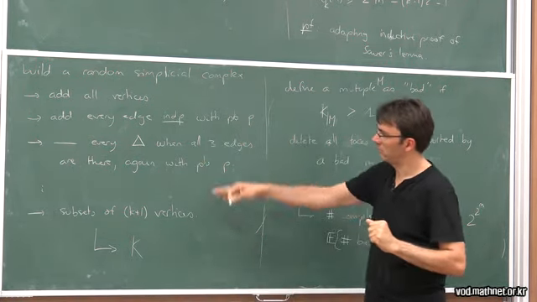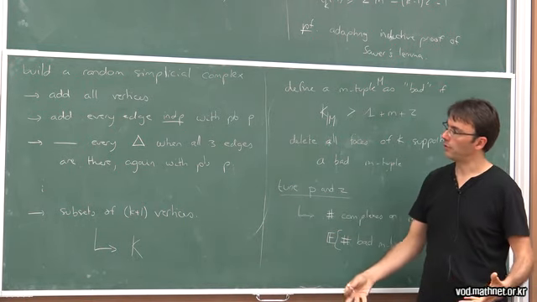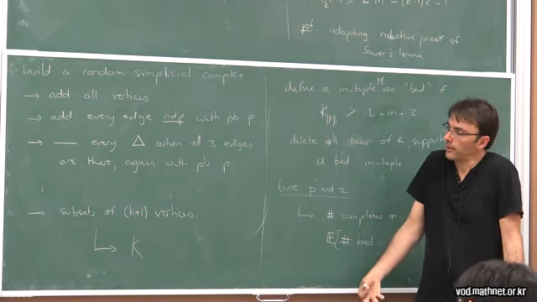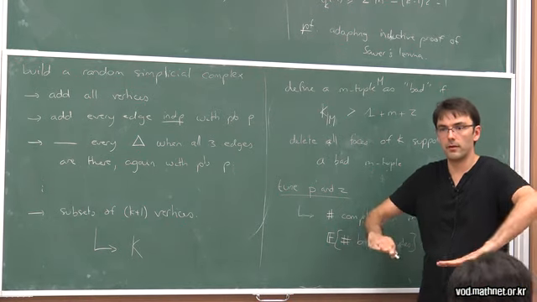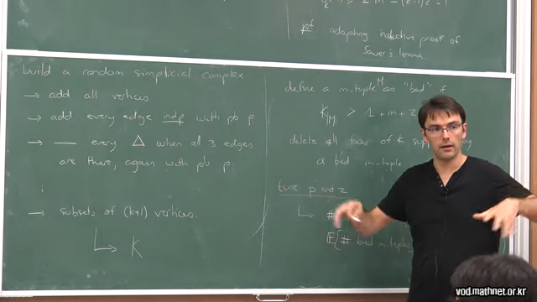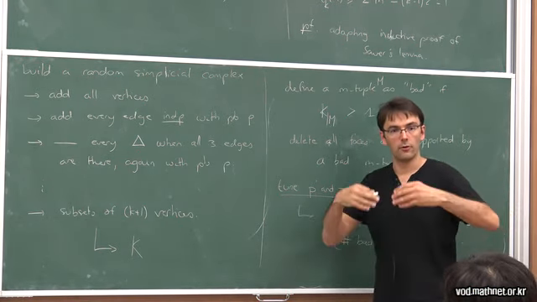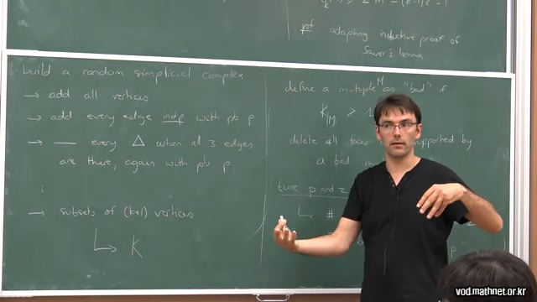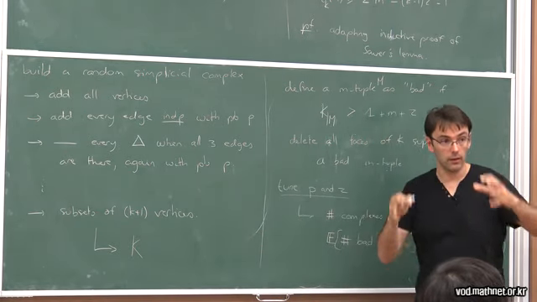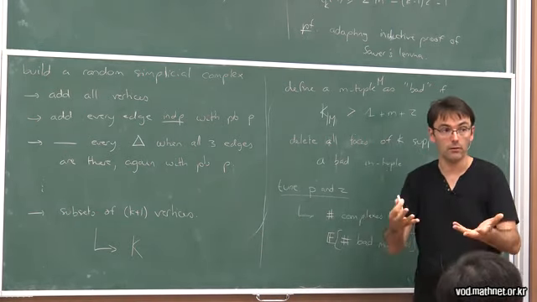First, you build your complex up. By increasing dimension, you first add all the vertices, then every edge you flip a coin. Now every triangle that could possibly be filled, where it's not missing an edge, again you flip the same coin, and you keep going up to dimension k, so k plus 1 vertices.